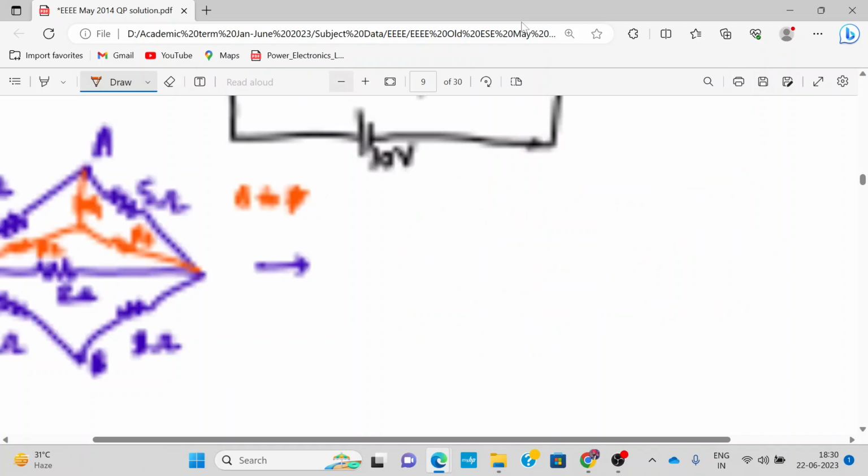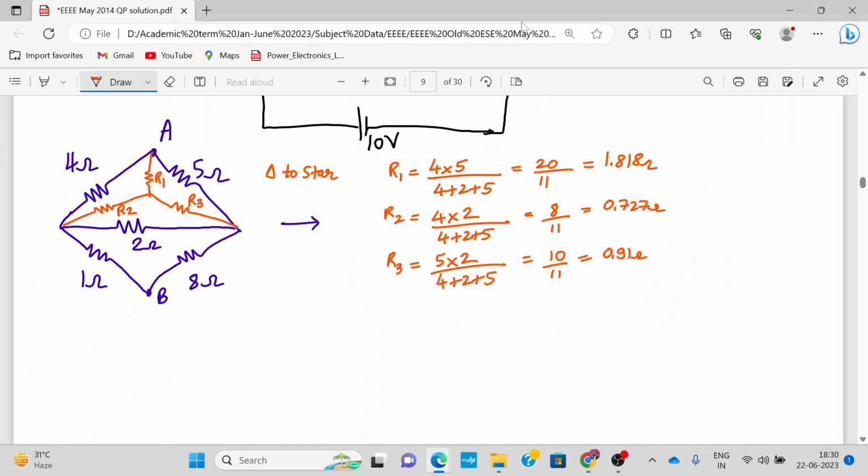I hope you are following. And then draw the network again. Don't draw 5 ohm, 2 ohm and 4 ohm again. Resistance value, this is 1.82, let's say.